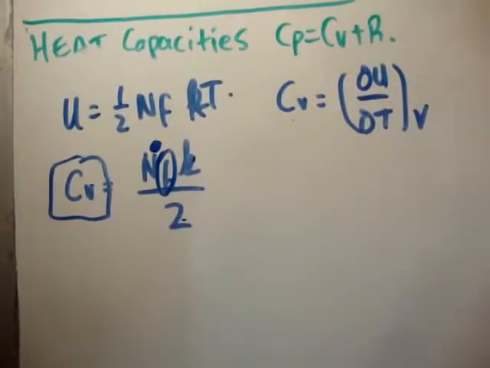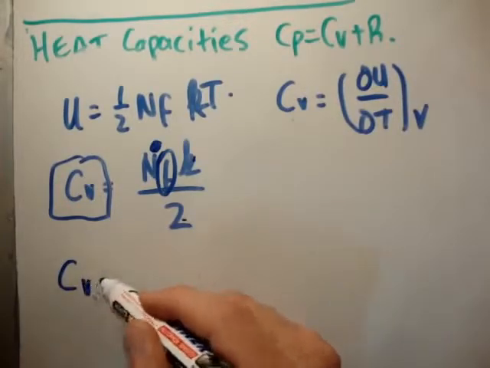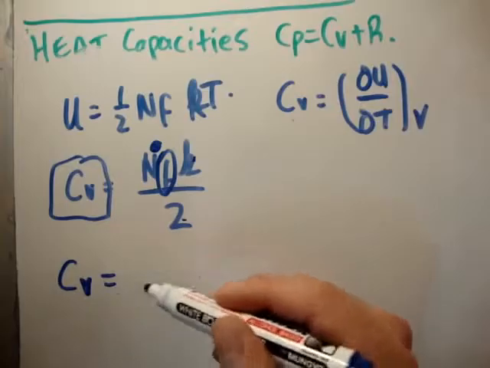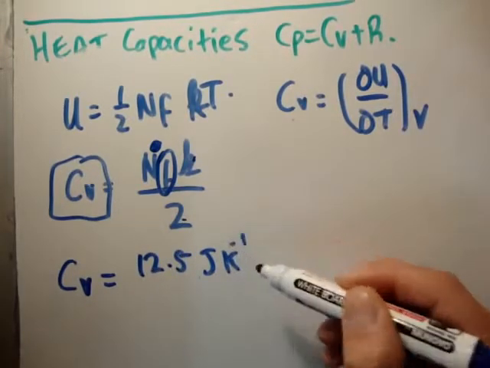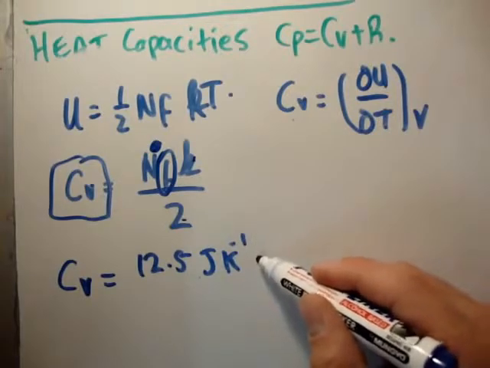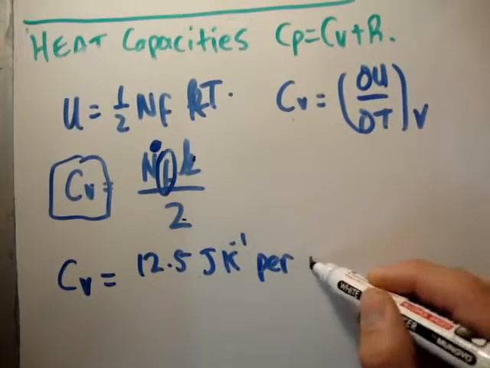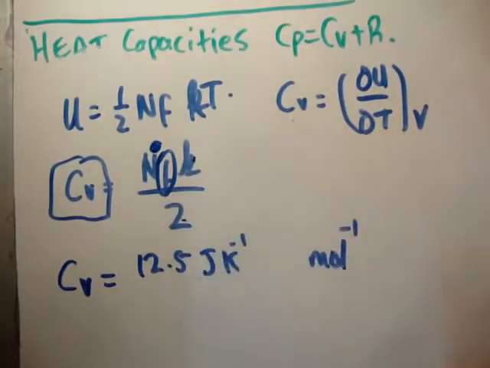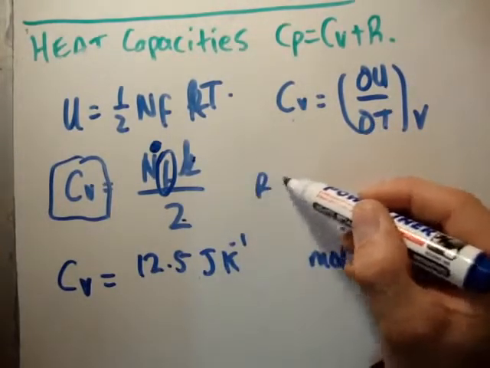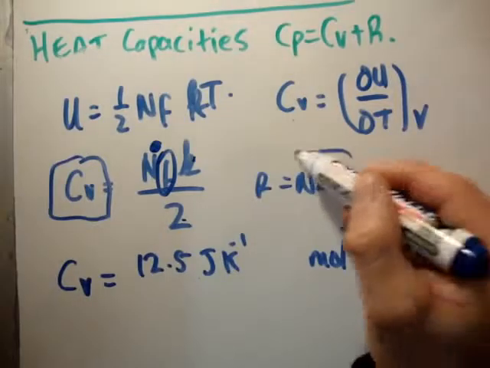So let's say for example, we calculate the heat capacity at 12.5 joules per Kelvin per mole. So in this case, we know that R is equal to Na times K, so we can plug that in here.